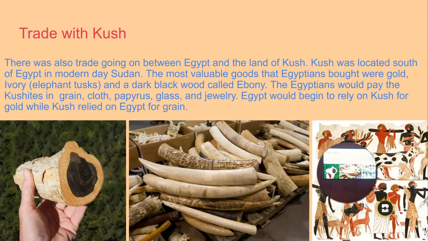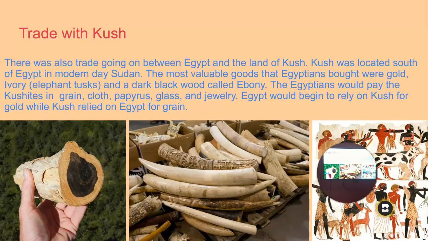Cush relied on Egypt for grain. Well, I suppose we could put that, right? We could put that Cush relied on Egypt for grain and Egypt relied on Cush for gold. But I think we don't need to put that here because we kind of have it here. We know that they traded for grain, right? So we don't need to double our work, right? So we know what Egypt exported. What did Egypt import?